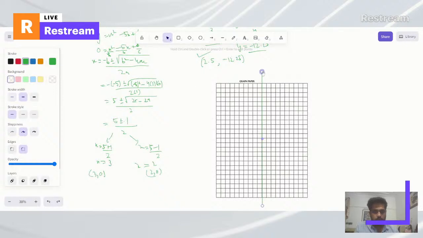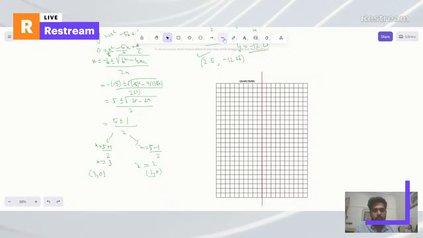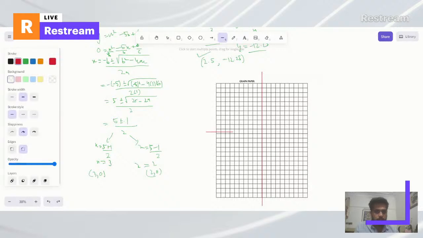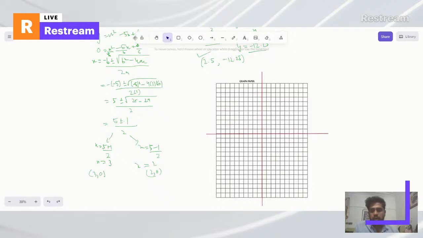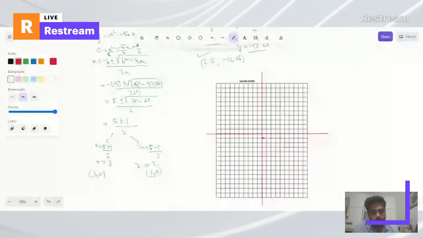This is my y-axis, and I hope this is all visible to you guys. This is going to be my x-axis. Now let's just label it. This is going to be negative 1, 2, 3, 4, 5, 6, 7, 8, 9, 10, 11, negative 11, then negative 12, and then negative 13.